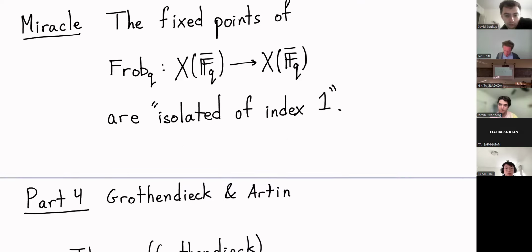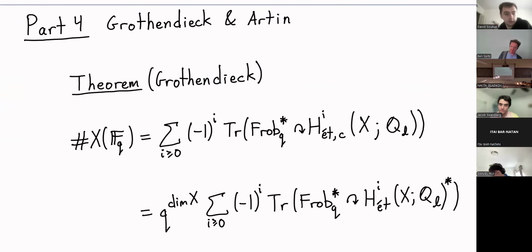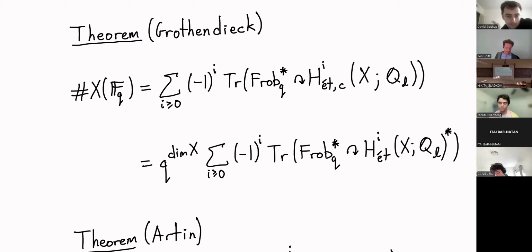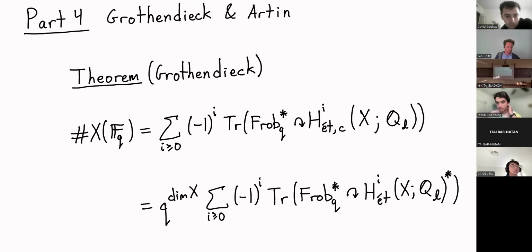All right, and so theorem, you can do this. So here's Grothendieck's trace formula. Grothendieck said, okay, yes, this does work. The number of points over Fq is the number of fixed points of this Frobenius.